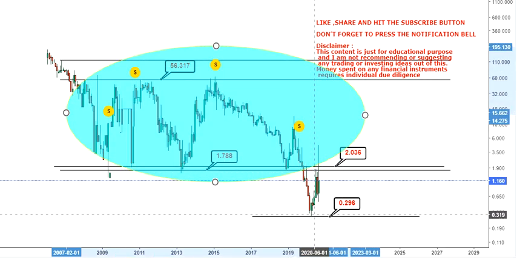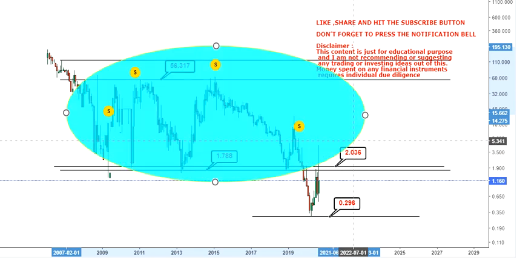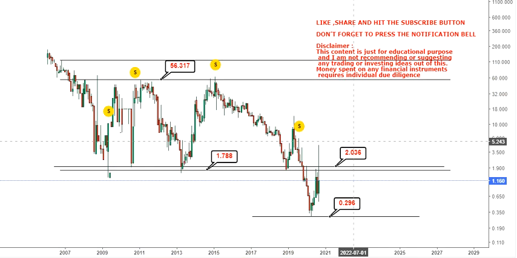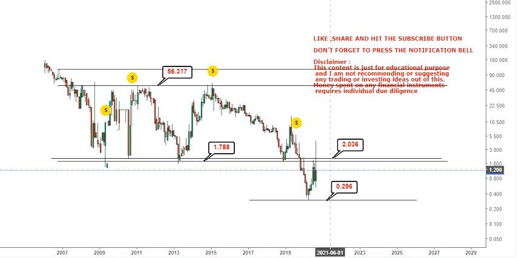Now you have a breakdown, so unless the stock moves above 2.03 and enters inside the range, we can't say that the correction is over, and the stock may consolidate in between this current range. And if it falls below 0.29, then there will be a further fall on the downside. So that's a risk you need to look at and take decisions accordingly.